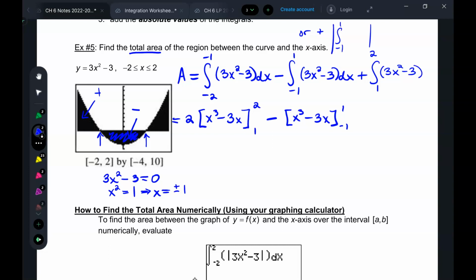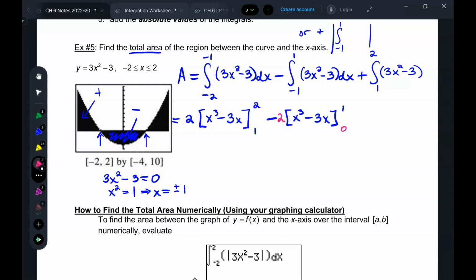You just get 0. Did that make sense? So I could make this a 2, and I could make this 0 to 1. It's a lot easier to evaluate that than from -1 to 1, because -1 to 1, that region is equivalent to 2 times the area from 0 to 1.